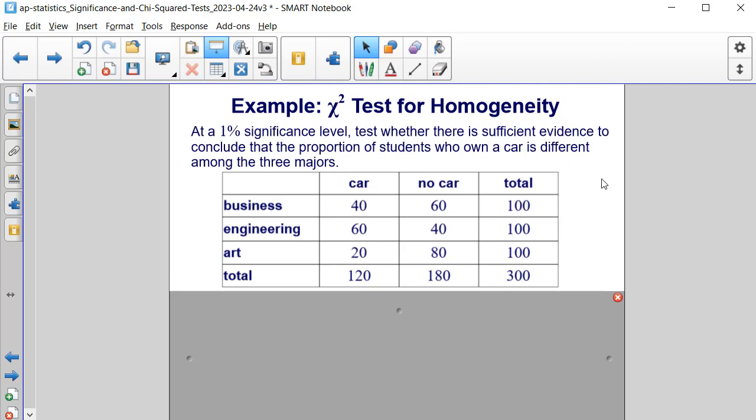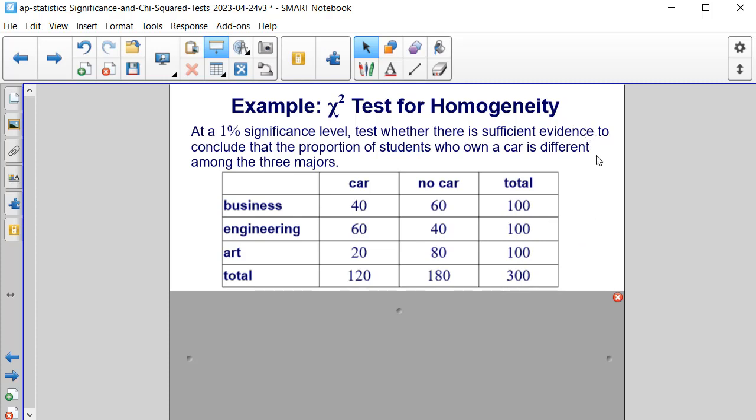Now remember, in order for a chi-squared test to occur, it must be random. It was definitely done randomly among the 3 majors, so it's a well-designed simple random sample. For the 10% rule, when sampling without replacement, the number of people, 300, that we have is less than or equal to the total population divided by 10.